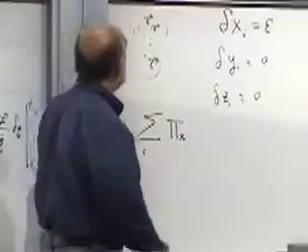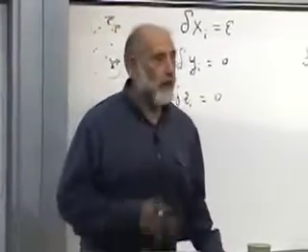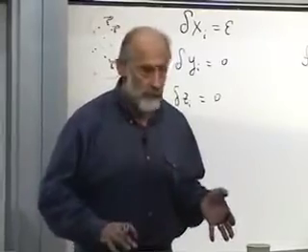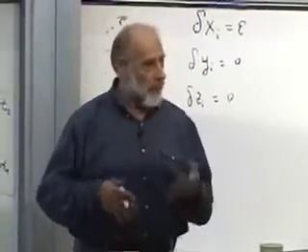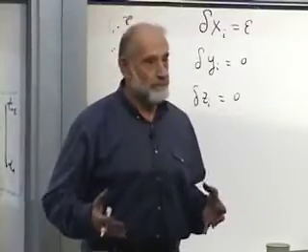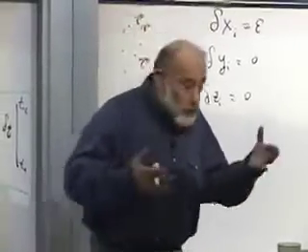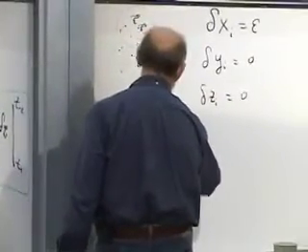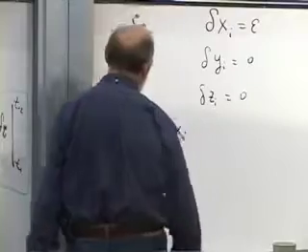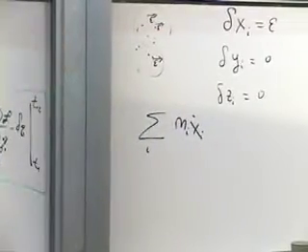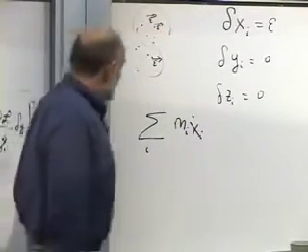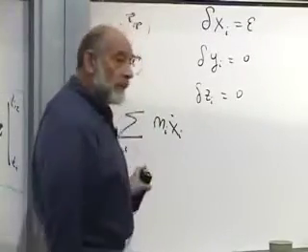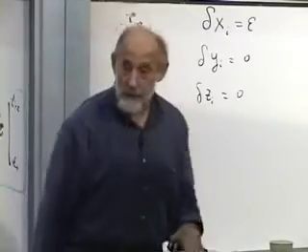What is pi sub x if the Lagrangian is just the usual Lagrangian, 1/2 mv squared plus forces between the particles and so forth? What is the canonical momentum conjugate to x for each particle? m x dot, just the usual momentum. All right, so this is just the summation of m sub I, x sub I dot. That's the Noether charge for translation along the x-axis. Just the total momentum, the component along the x-axis.